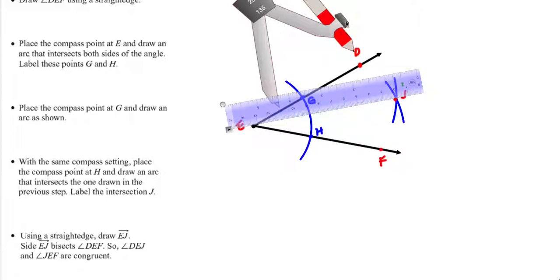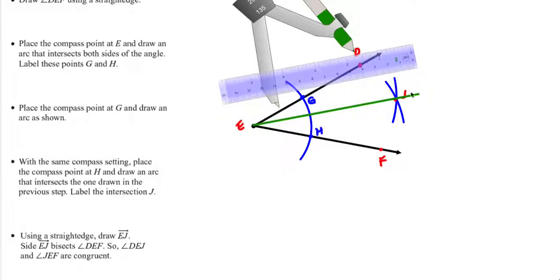Then let's use green to connect those two, and we have just bisected our angle.